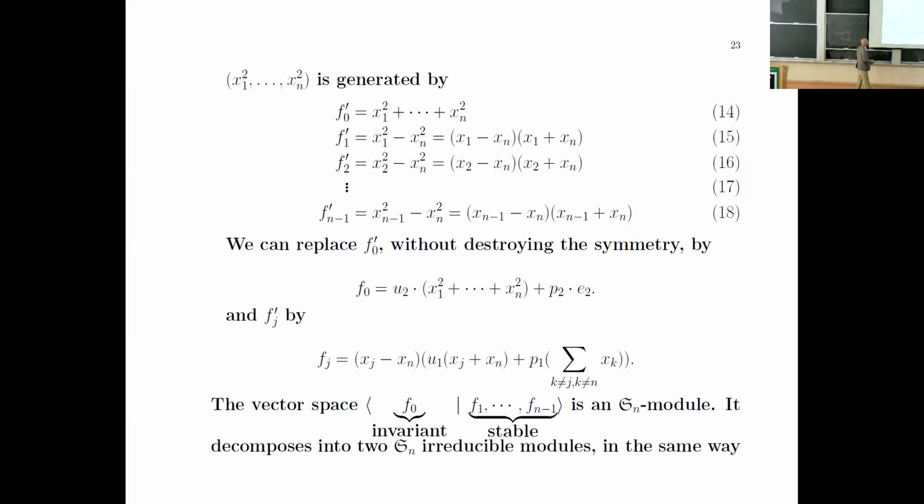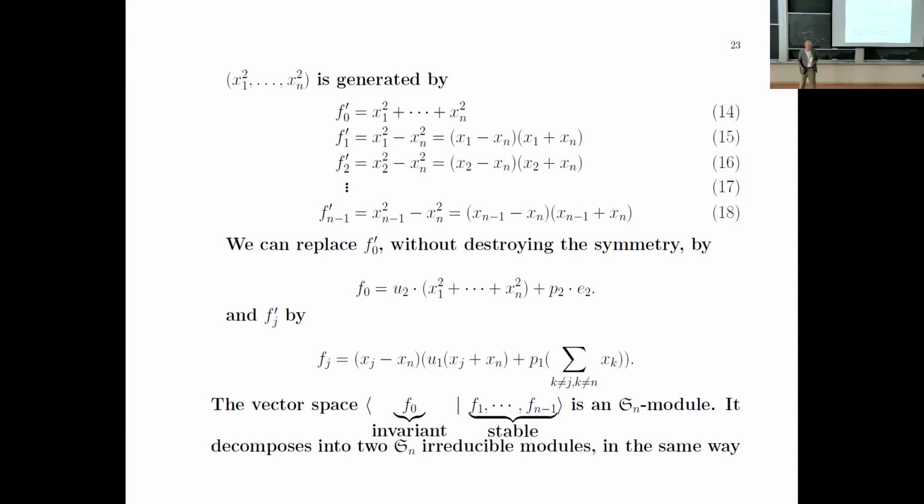I just added this constant times E2. I also multiplied this power sum by U2. And the differences are replaced by, I'm replacing only the second linear factor, it is replaced by this linear form.